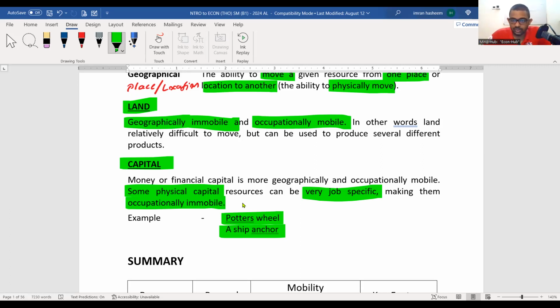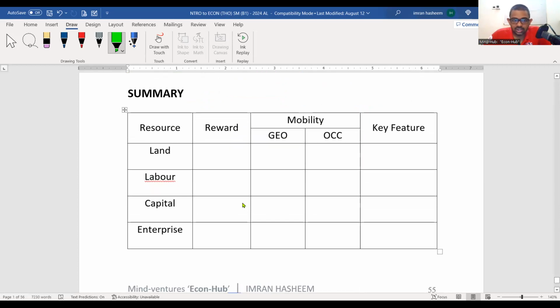Okay, geographical and occupational. Right, let's complete this chart quickly. We are on page 55. Are you there? So what is the reward for land? The price of land is called reward, or we say price.